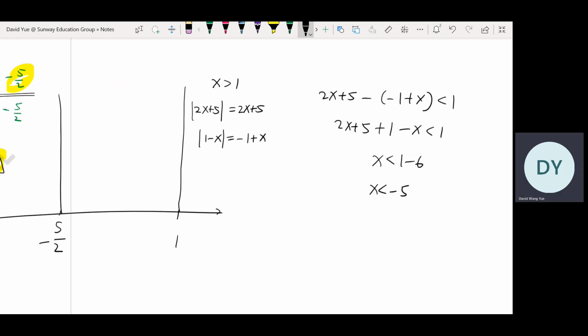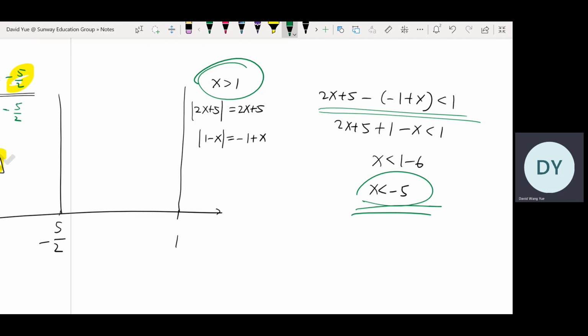When we solve the inequality, my answer is x less than negative 5. However, our condition is x bigger than 1. So we know this solution has to be rejected because it is not in the range more than 1.